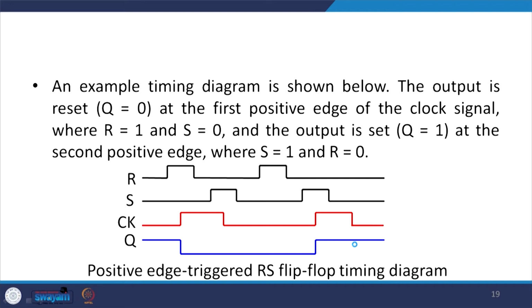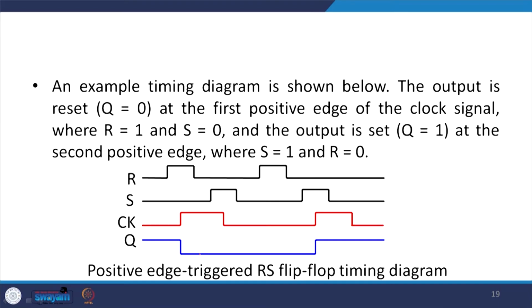Where R is equal to 1 and S is equal to 0, and the output is set, Q equal to 1, at the second positive edge where S is equal to 1 and R is equal to 0. So, that can be seen here.